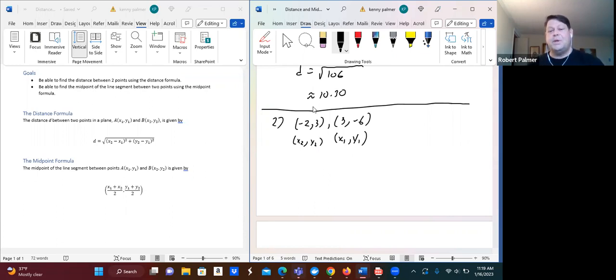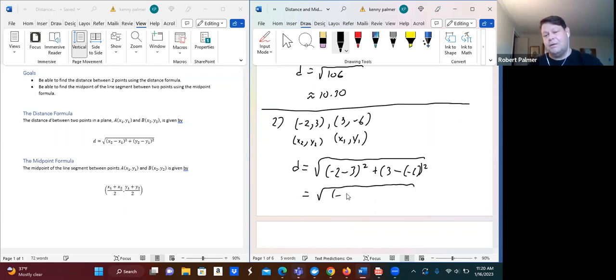What's important is the difference between the x's and y's. So d, distance, is equal to the square root. If we do x2 minus x1, it's -2 minus 3, then square that, plus y2 minus y1, so 3, minus, remember this minus is part of the formula, minus a -6, squared. Okay, simplify that.